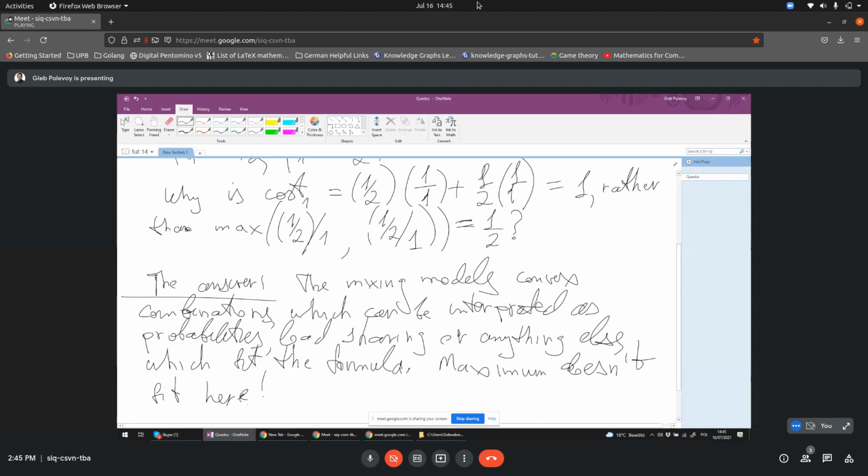That is fine, but then I have to just tell that it's not a mixed extension. It has to be modeled as another game. And mixed extension models anything, for example, probabilities, anything which fits the formula. It doesn't have to be probability, simply that they fit the formula. And probabilities are probably the most famous interpretation. So I hope it is more clear now?